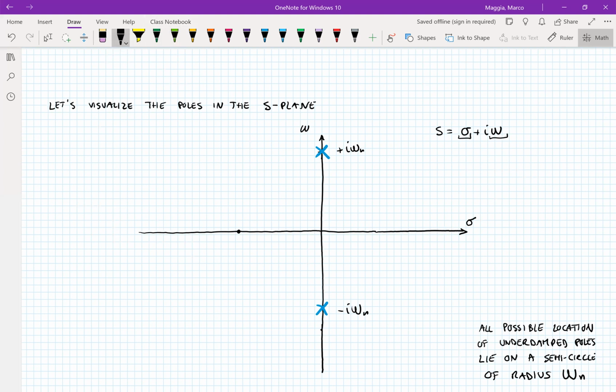However, if we increase slightly the damping ratio, the underdamped poles are going to lie on a semicircle of radius omega n. And let's prove that that is indeed the case.